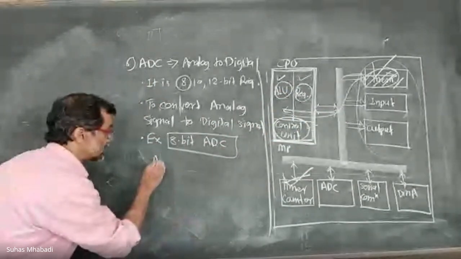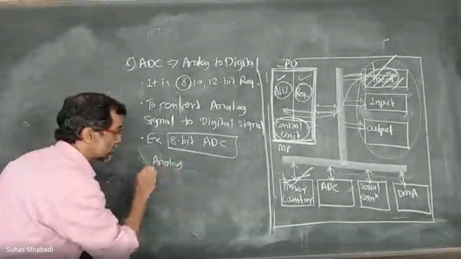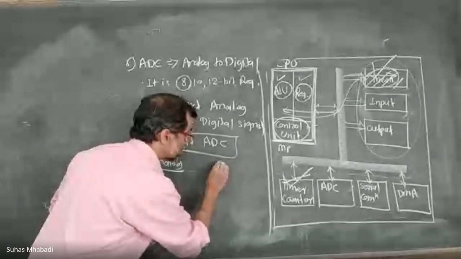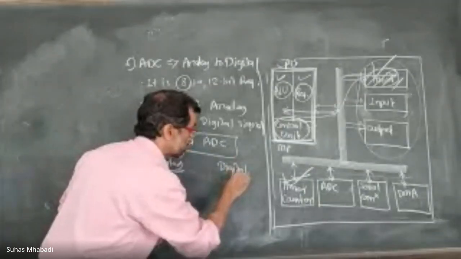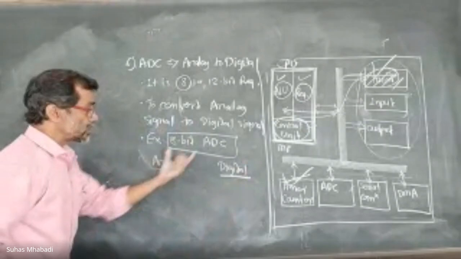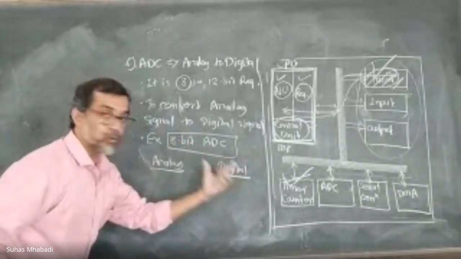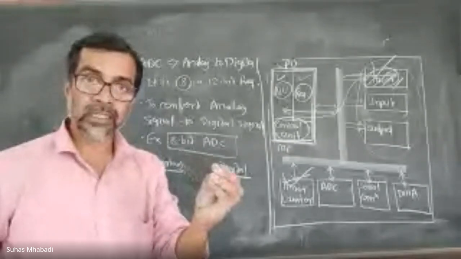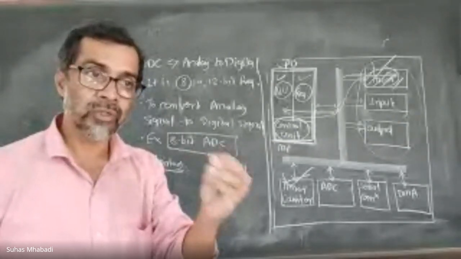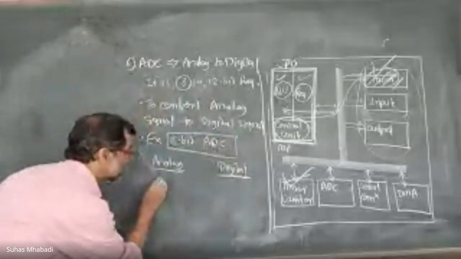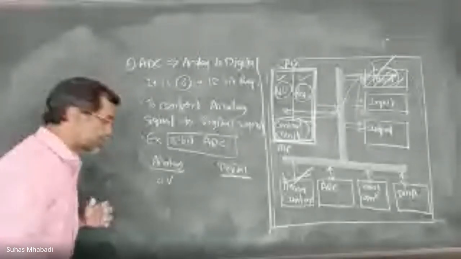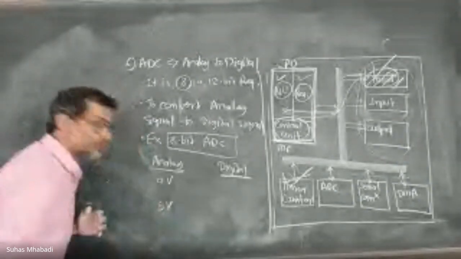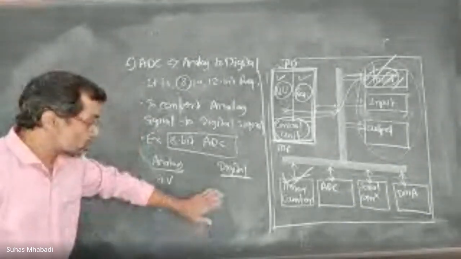The signal is analog and the signal is digital. This is the input and this is the output. From this, the input signal is 5 volts maximum and 0 volt minimum. So this is 0 volt minimum and 5 volts maximum.